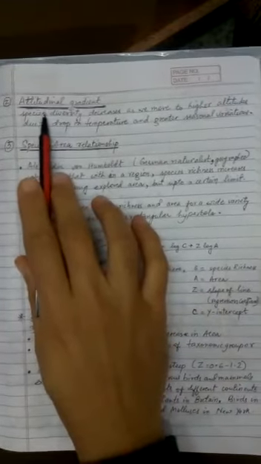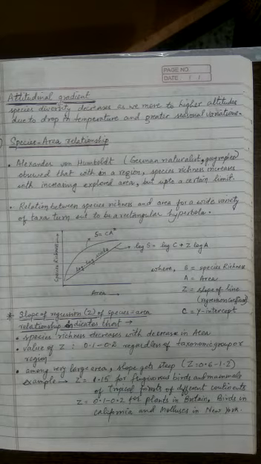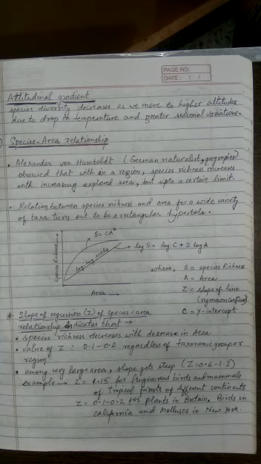The next type of gradient possible, which is not mentioned in the NCERT, is the altitude gradient. When we go from the bottom, or the foothills, and we start reaching up to the higher altitudes in the hills, there is a gradient again: more diversity towards the base of the mountain, and as you start going up you will find less diversity at the top of the mountain.